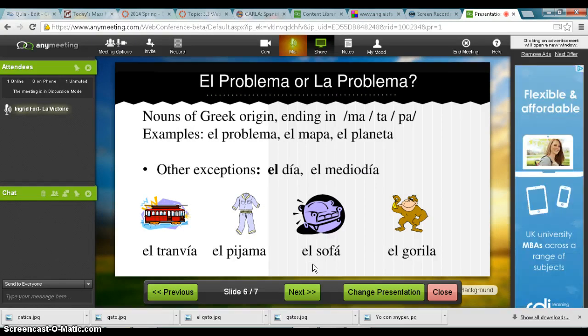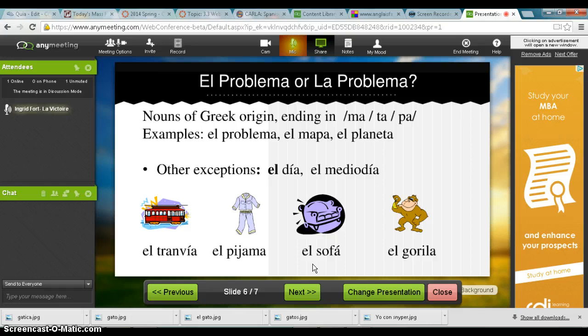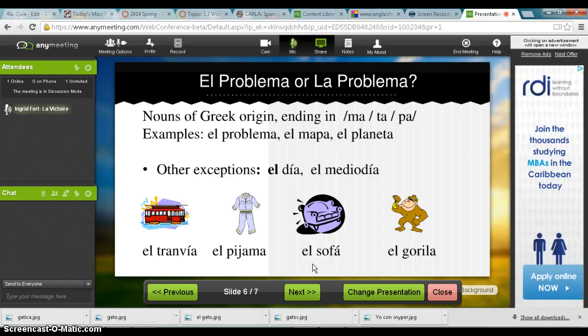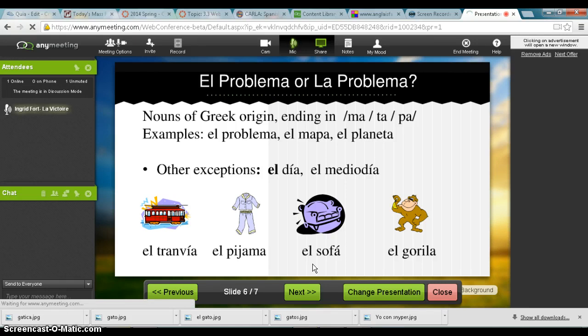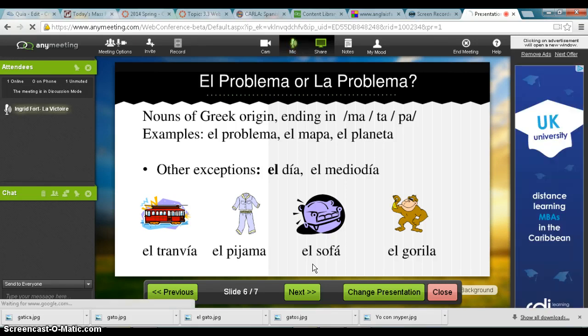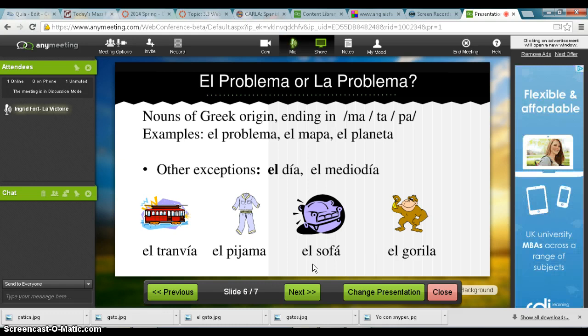Here we have a problem. El problema or la problema? Because problema ends in A, this is a very typical error for Spanish learners who tend to follow the A ending rule.